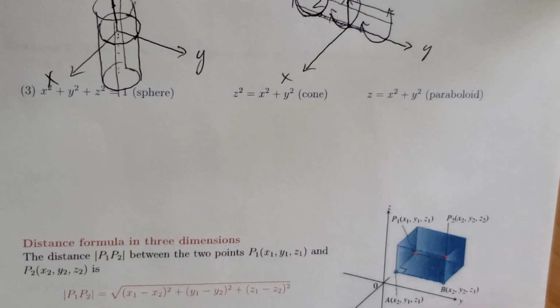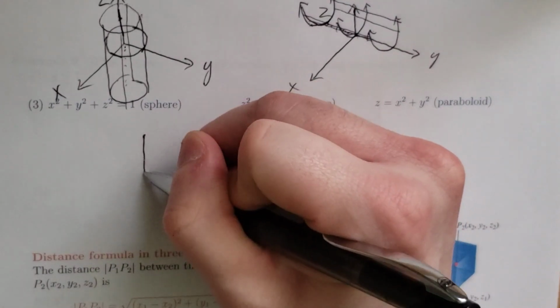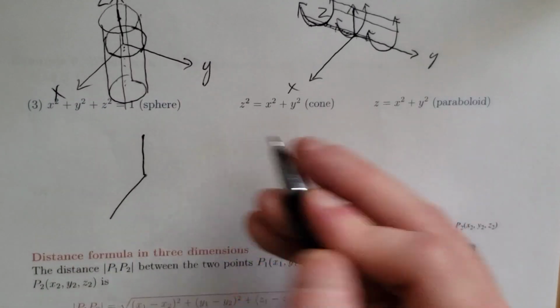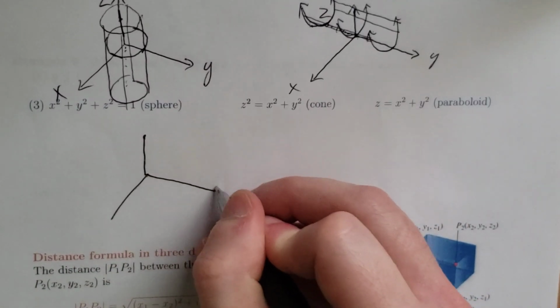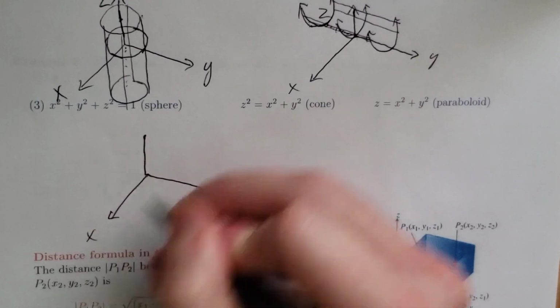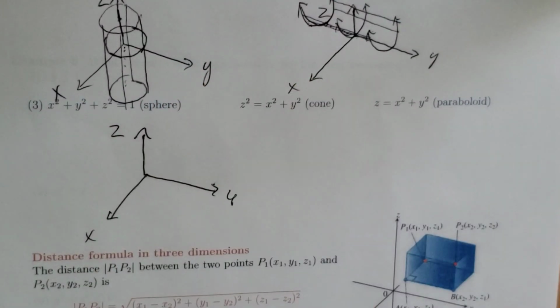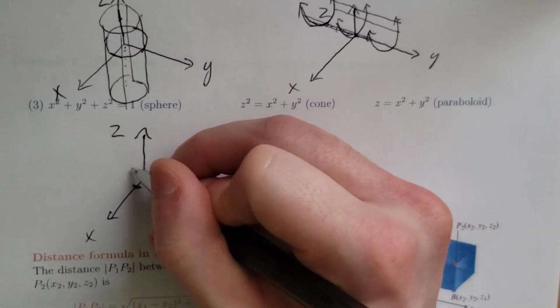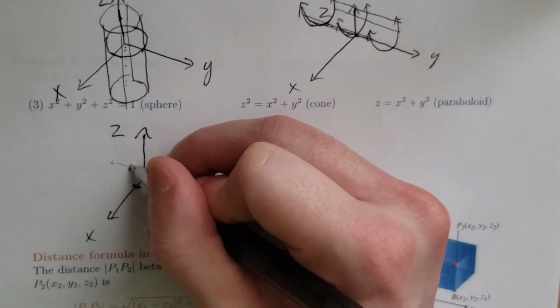All right, real quick, these last 3. X squared plus y squared plus z squared is equal to 1 is a sphere. So I can draw that circle that I did earlier.